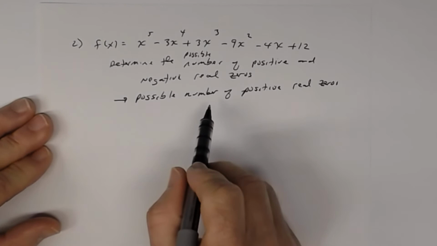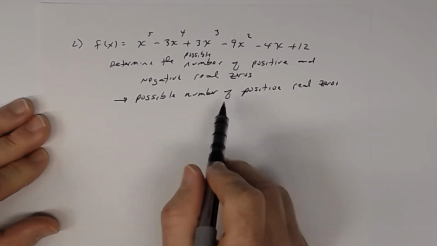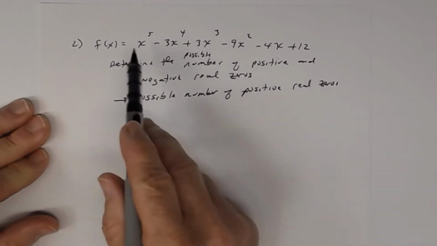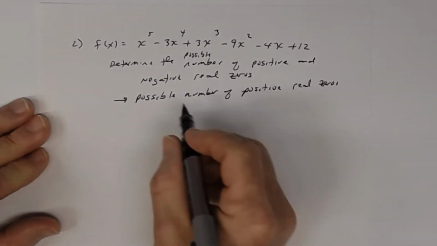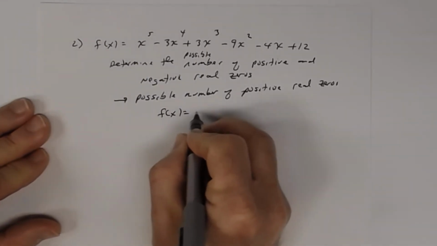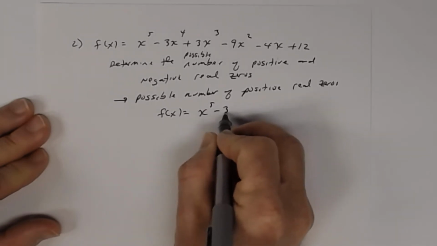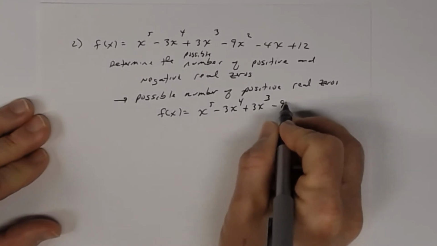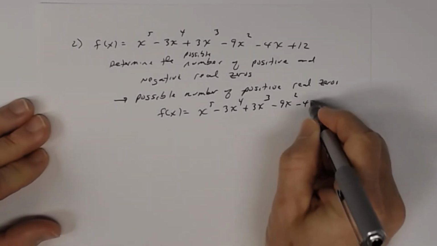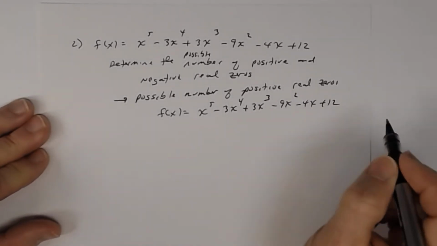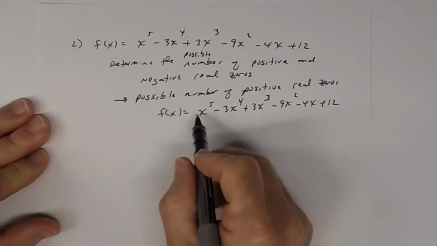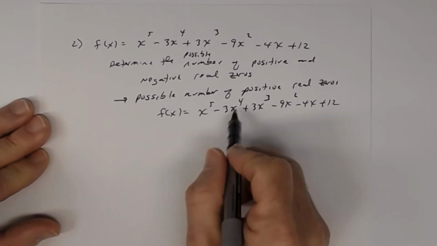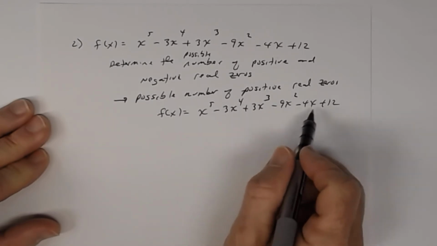To determine the possible number of positive real zeros using Descartes' rule of signs, you look at f of x. Well, this is f of x right here. So I'm going to rewrite f of x, which is x to the 5th minus 3x to the 4th plus 3x cubed minus 9x squared minus 4x plus 12. And then you look at the sign changes. Now, first of all, make sure it's in descending order. That's important, in descending order: x to the 5th, x to the 4th, x cubed, x squared, x, and constant.